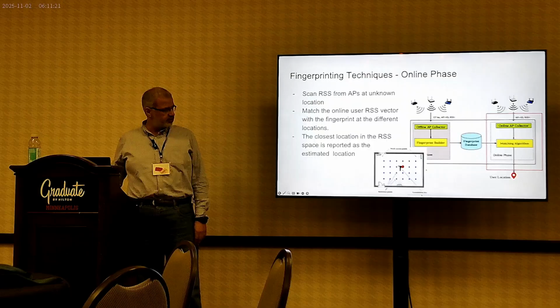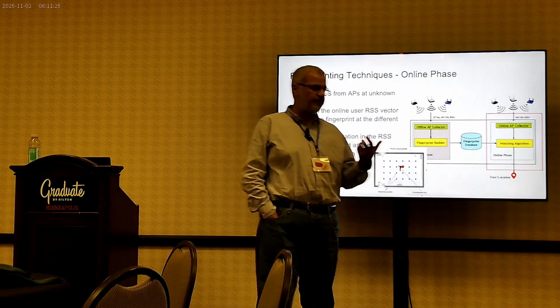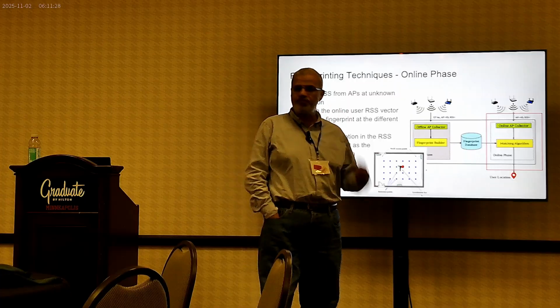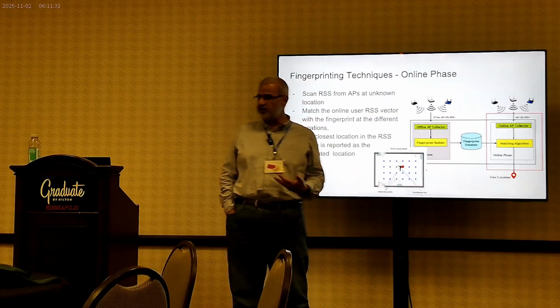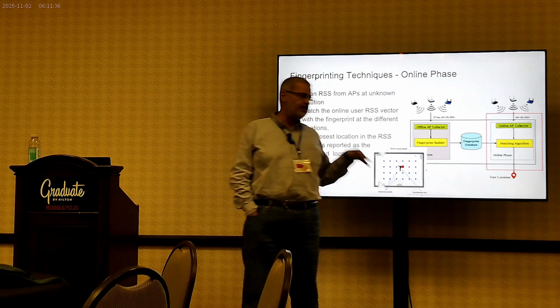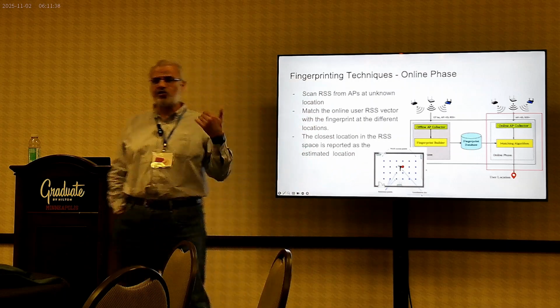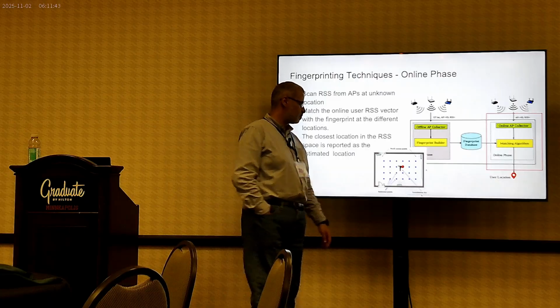During the online tracking phase, I'm standing at an unknown location, but I also have my device and I'm hearing some signals from the access points. And what I'm doing is I compare what I'm currently receiving to what I stored in each one of these blue dots, and I return the location that has the closest similarity in the signal strength space.